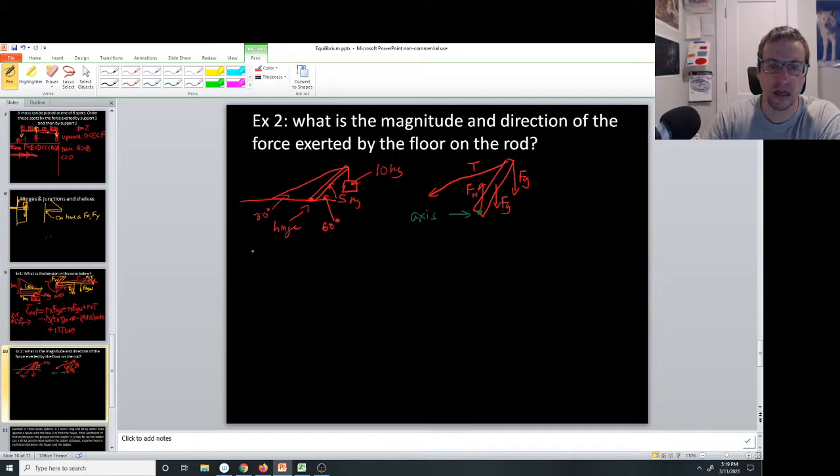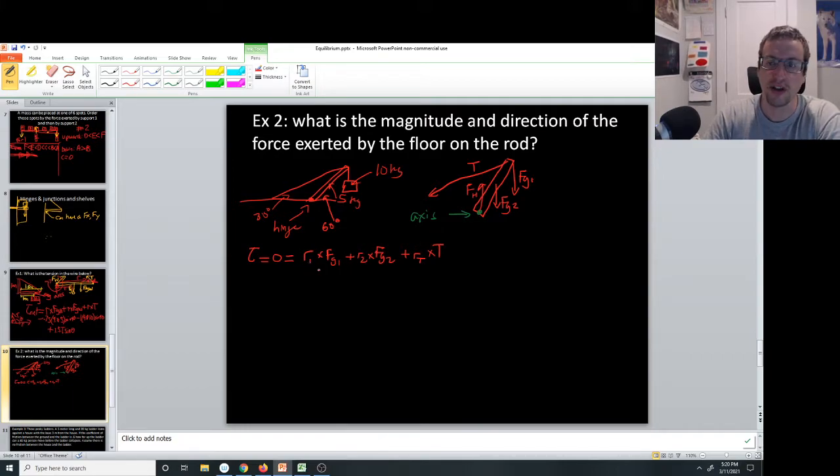So I've got torque equals 0, which is equal to R1 cross FG1 plus R2 cross FG2 plus R_T cross tension.